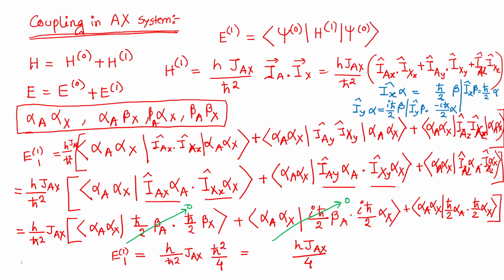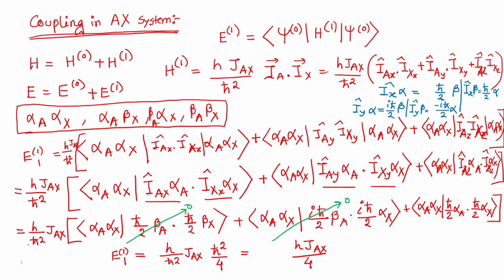So minus h cut by 2, minus h cut by 2. You only get the difference, but minus minus will become plus. So that is also destabilized by the same amount, h J AX by 4.